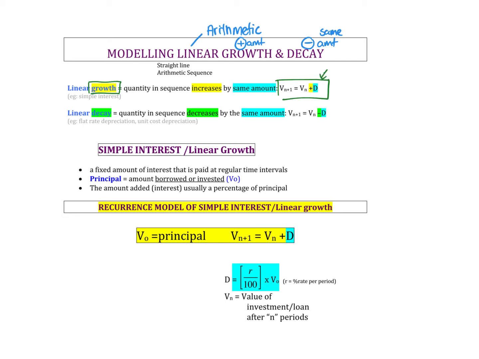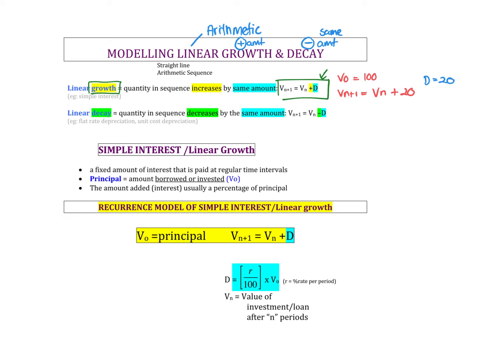So let's put a little example so you know. Say we had 100, and the formula would be maybe Vn plus 20. So that D, I'll do a capital D, in this example, D is equal to 20. That's the same amount that's getting added every time. Okay?